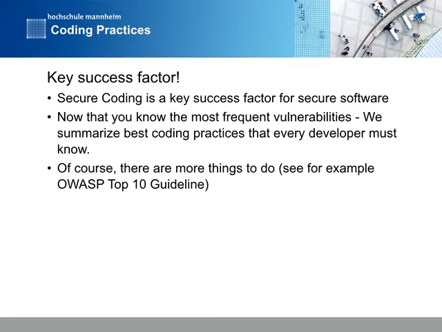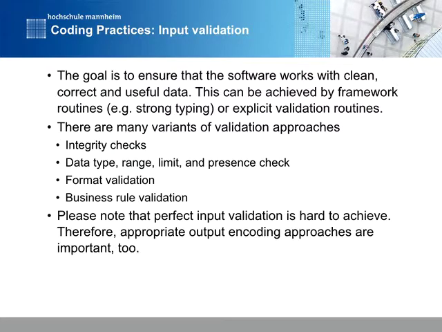Coding practices: these are now the recommendations that match the vulnerability patterns, and so you should think about these important elements. First, validate every input. If you got some input, always perform validation against what you expect.